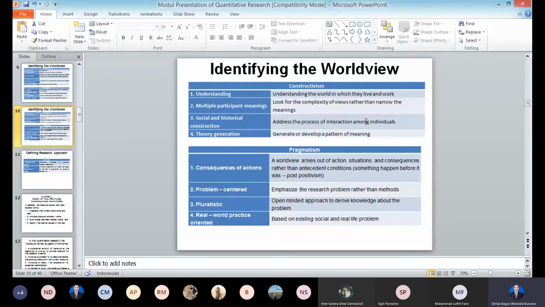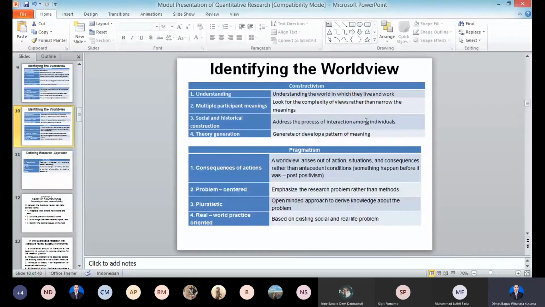And the last but not least is pragmatism. What is pragmatism? The characteristic is consequences of actions. A worldview arises out of action, situation, and consequences rather than antecedent conditions, something that happened before, as in post-positivism. So it means you just follow the situations.